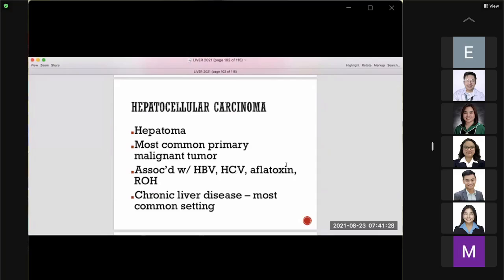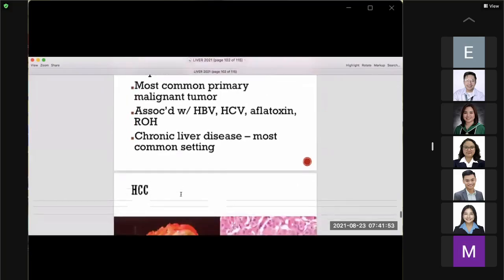Exposure to toxin, aflatoxin, which is found in peanuts, and then of course chronic alcoholism. Okay, so the setting is the patient is having a chronic liver disease. It's not an overnight development of this malignancy, but it is in the setting of a chronic liver disease.